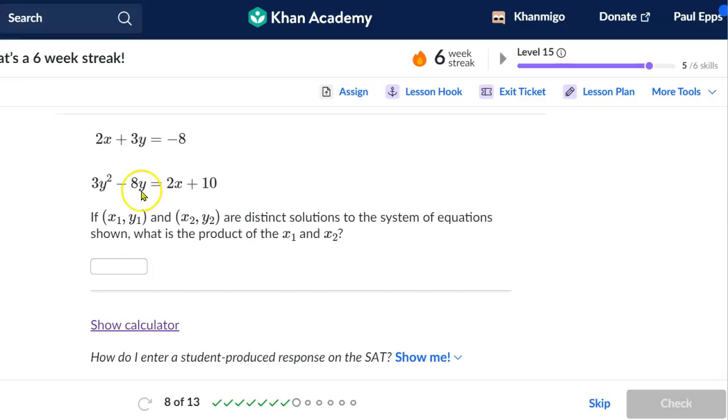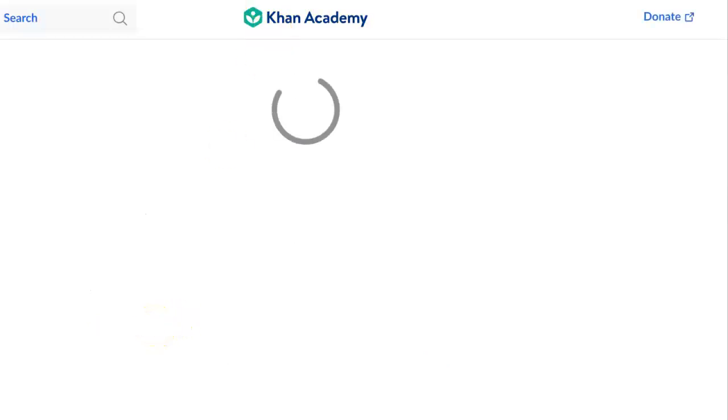But on the digital SAT, they do give you a calculator. It's the same calculator that you would get here. And this is so easy to solve with the calculator that we are going to do the calculator.